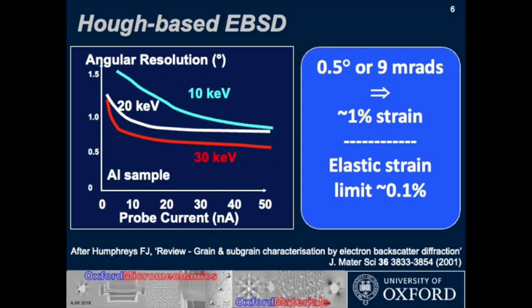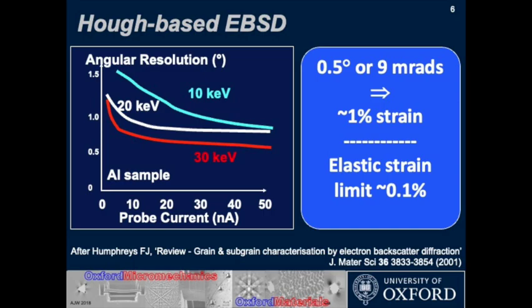That's 10 in 1,000, okay? It gets you to a strain of about 1%. And if you're interested in elastic strains, that ain't good enough, because many of the systems we're dealing with have an elastic strain limit that's an order of magnitude lower than that.